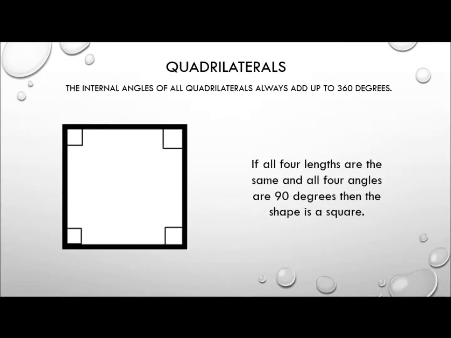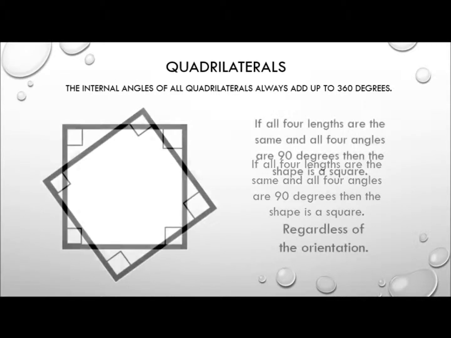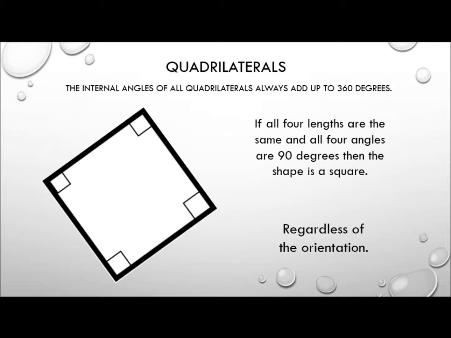Now if we have a quadrilateral where all four lengths are the same and all four internal angles are 90 degrees, then the shape we have is a square, regardless of the orientation of the square.